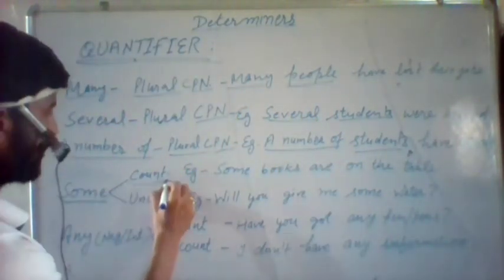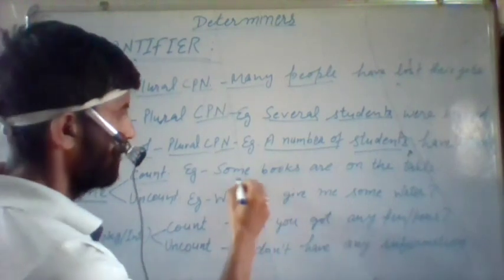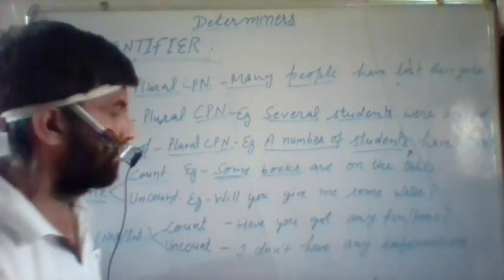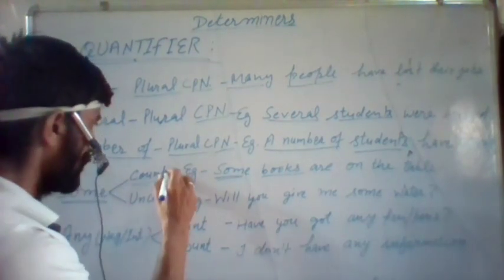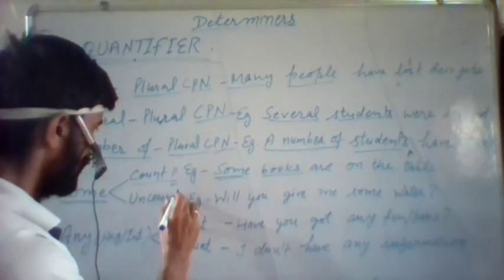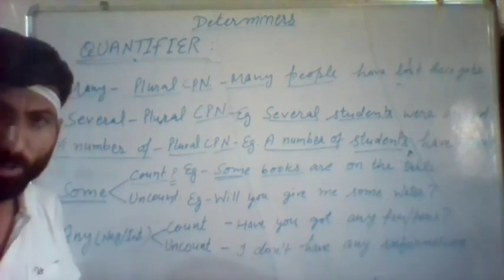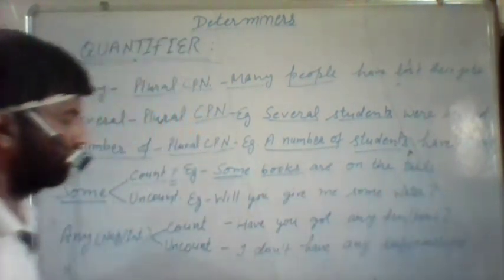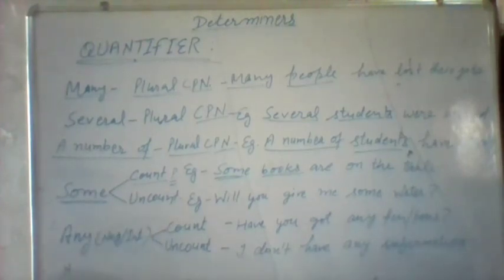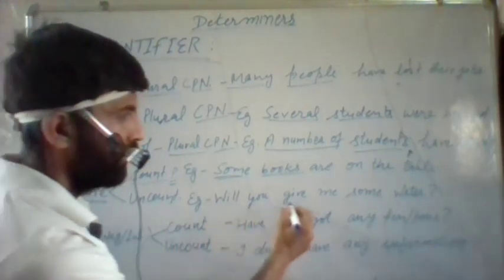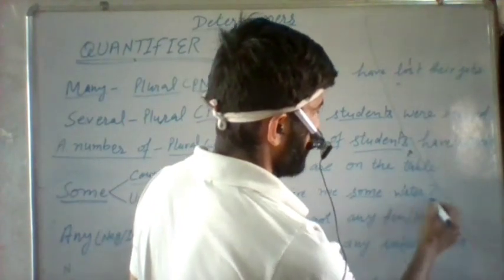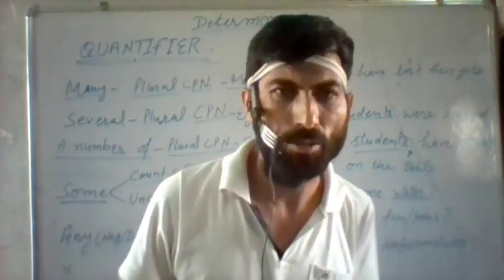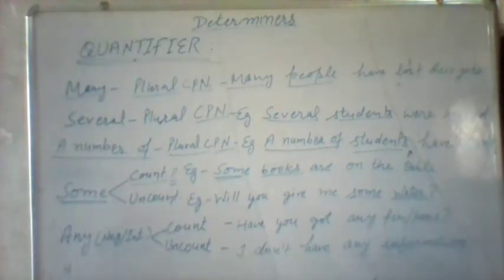So some can be used with countable nouns. Example: some books are on the table. Some is used with countable plural nouns, since uncountable nouns don't have a plural. With uncountable: will you give me some water? Water is uncountable. An uncountable noun doesn't have any plural.